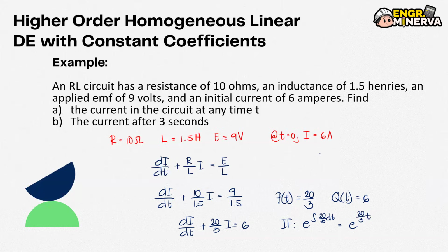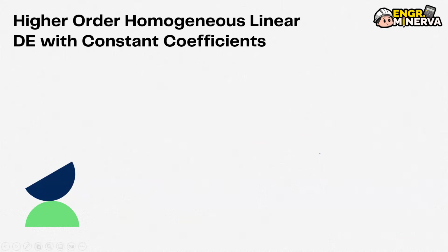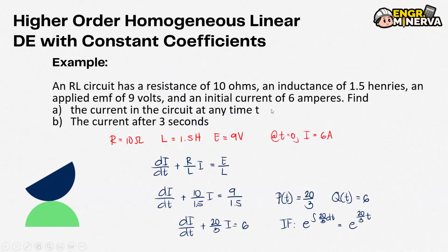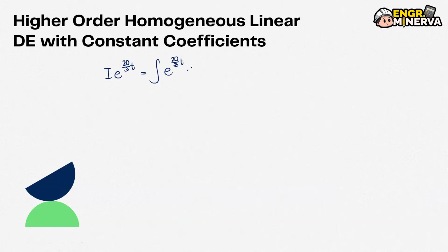So now we have our general solution. That would be the dependent variable multiplied by the integrating factor equals the integral of the integrating factor multiplied by your Q, which is 6, dt plus C.